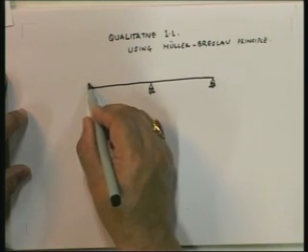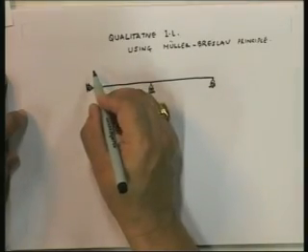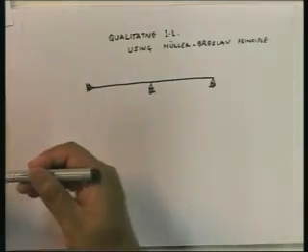For RA, this becomes pinned, and then you have to give a unit displacement. Let me draw that using the red pen.